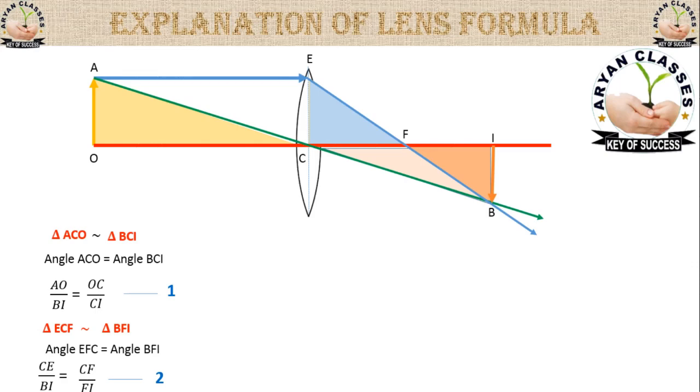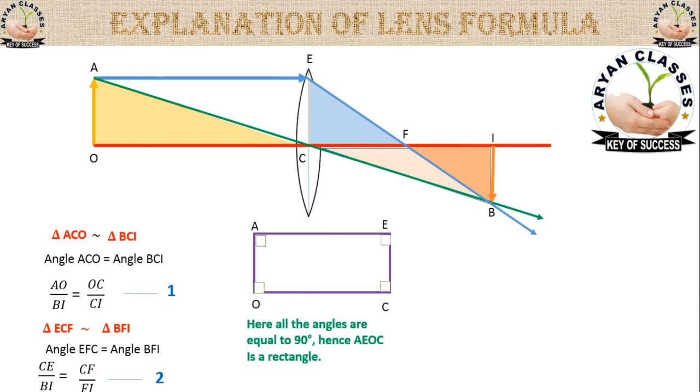Here a quadrilateral AOEC forms. Here all the angles are equal to 90 degrees, hence AOEC is a rectangle. Hence AO equals EC and OC equals AE.